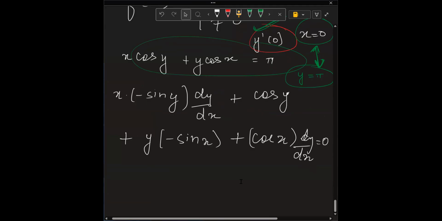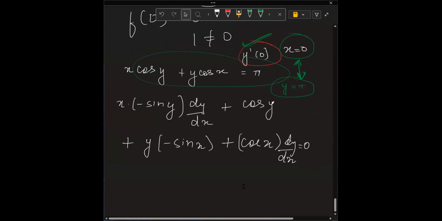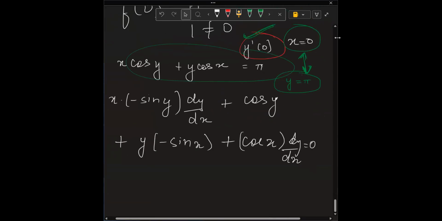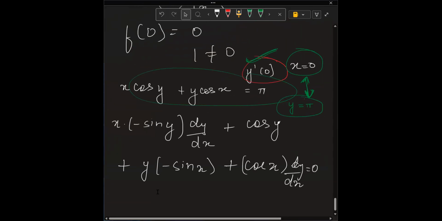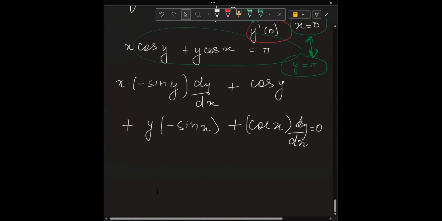All right. So you have to check this equation on the basis of x equals 0 and y equals pi. Just put those values. When you put x equals 0, this is going to be 0, plus cos y.